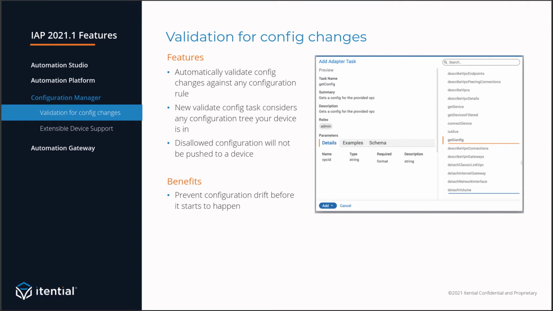The last large section that I want to talk about today is our configuration management solution. And as I mentioned earlier, there's two very key features that we've added there. One is the validation for config changes.